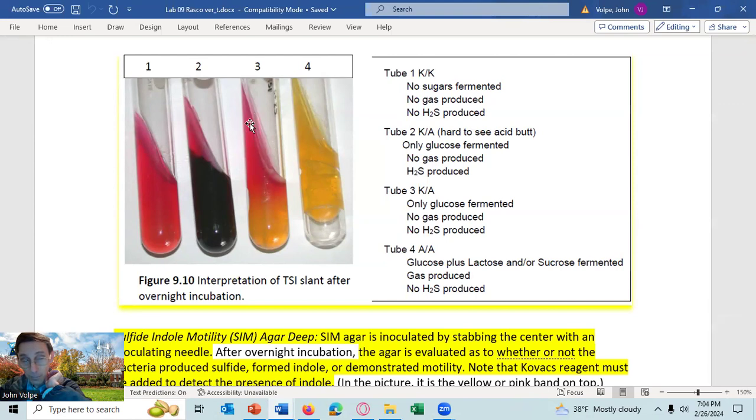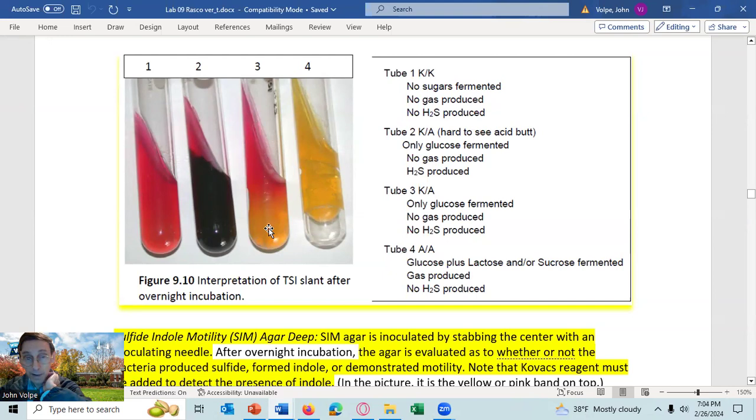And so the growth aerobically will use up all the glucose and then start using the proteins, reverting the color from yellow to red. In the butt, on the other hand, with anaerobic growth, the bacteria grow slower, they digest the glucose slower, and so the yellow remains yellow in the butt. So if ever you see it like this, you know glucose is fermented and only glucose.